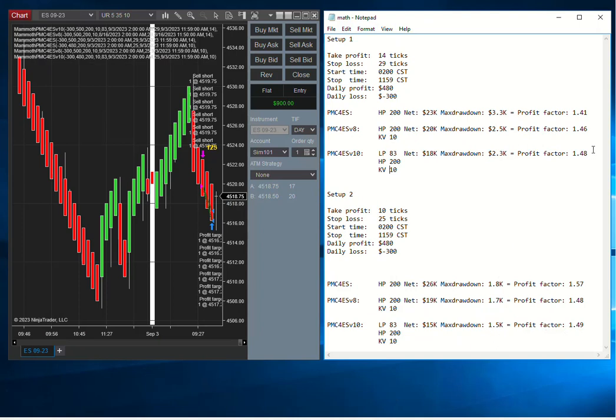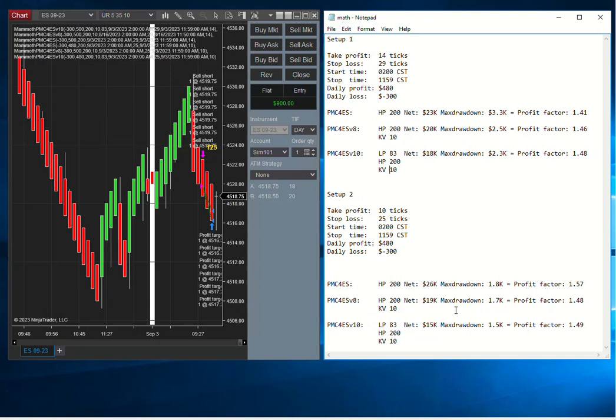Profit factor is 1.497. So for the smaller setup for the take profit and the stop loss, for version 10, you look at the net profit is less than the larger target. Max drawdown is less, so less risk and less reward.